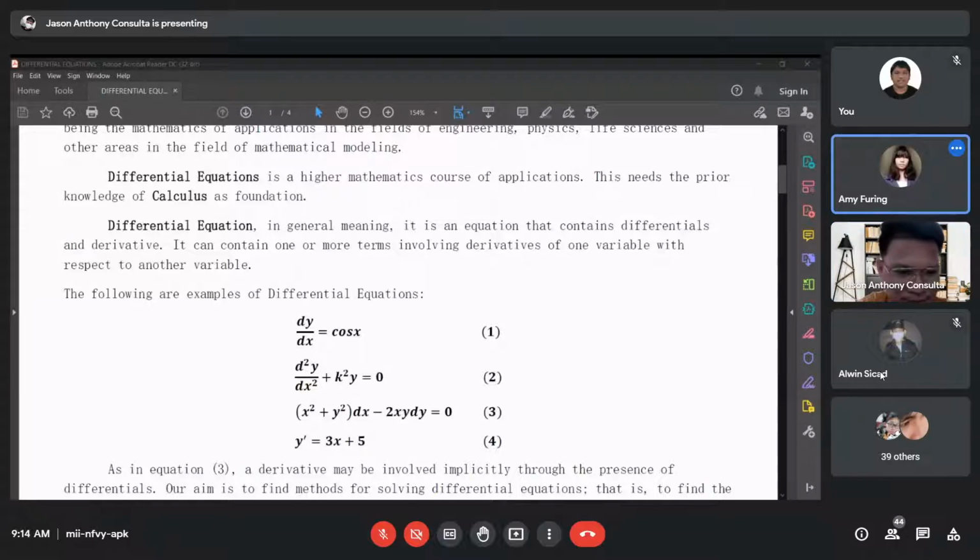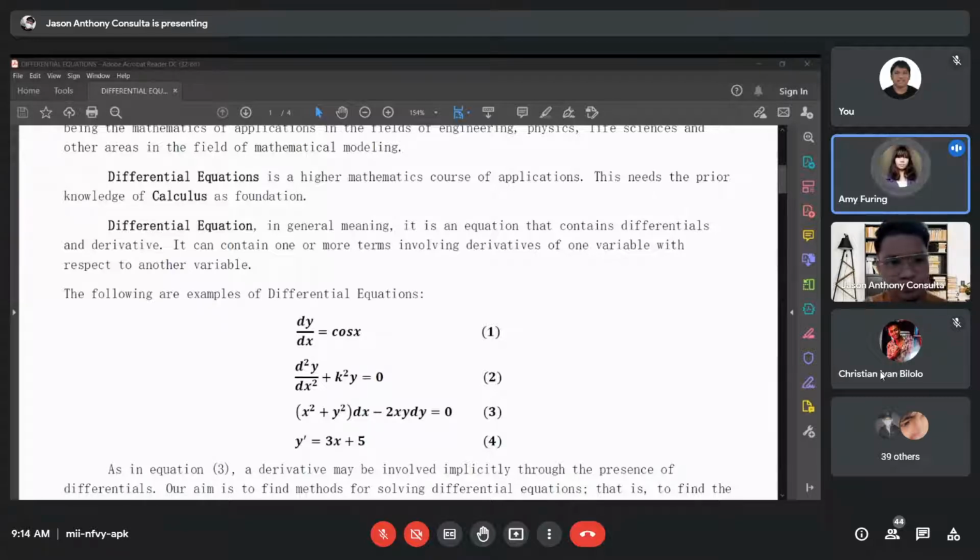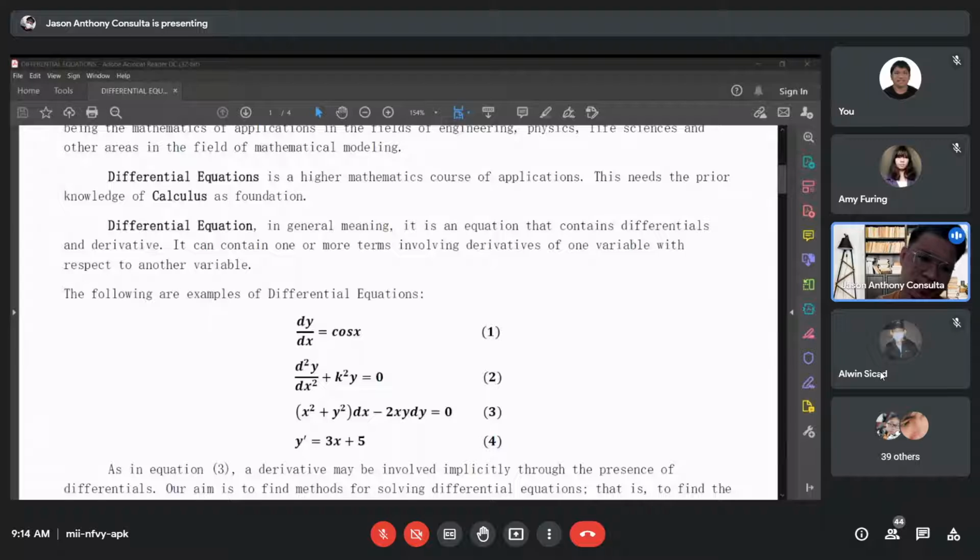Sige, please read the third equation. The quantity of x squared plus y squared, the derivative of x minus 2xy, the derivative of y is equal to 0. Okay, good. So, the quantity x squared plus y squared.